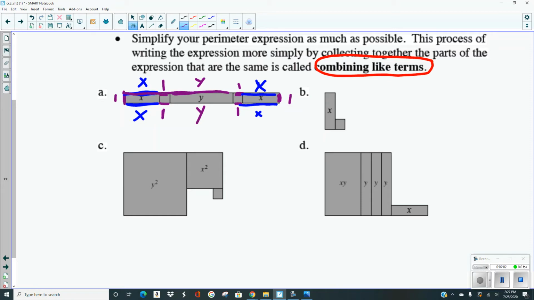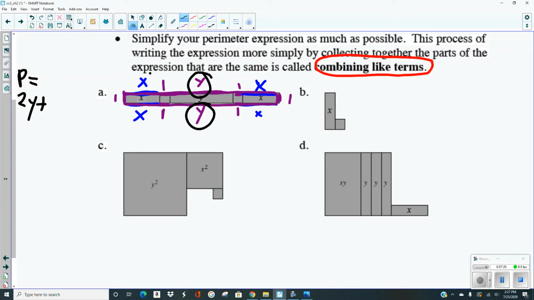So now that I've completed labeling all the sides, I can now combine my like terms to simplify its perimeter. So I'm going to go ahead and have y plus y, which is 2y.